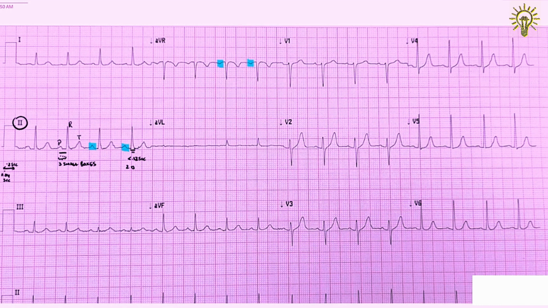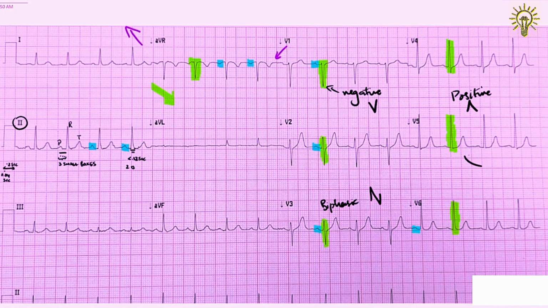It is biphasic in V1 and positive in the left-sided leads. The QRS complex is negative in AVR as the main green depolarization current is moving against the AVR purple directed lead. In the chest leads, QRS is negative in V1 and gradually starts becoming biphasic until in extreme left V5 and V6 it is positive.